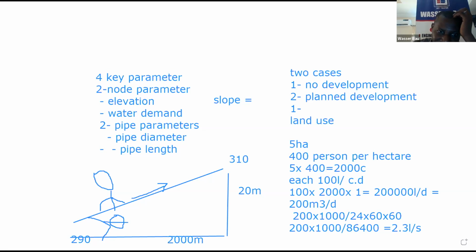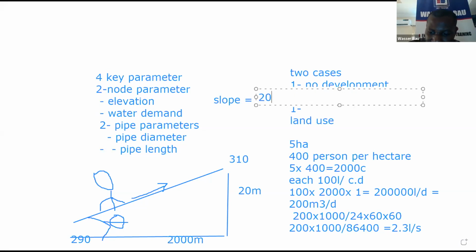Tan angle will be opposite over hypotenuse, which is now 20 over 2,000. And that will give us what? 0.1 or 10%.